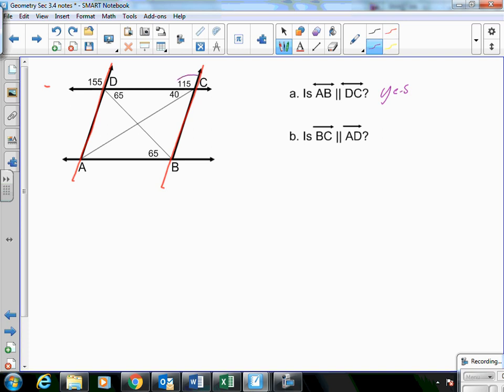When we look at these two angles, they've got a pair relationship: they are corresponding angles, right? Same location in reference to the intersection. But when we look at the corresponding angles, 155 and 115, they're not the same. And in order for the lines to be parallel, the corresponding angles have to be congruent. So our answer is no, those are not going to be parallel because the corresponding angles are not congruent. All right, questions there, anybody?